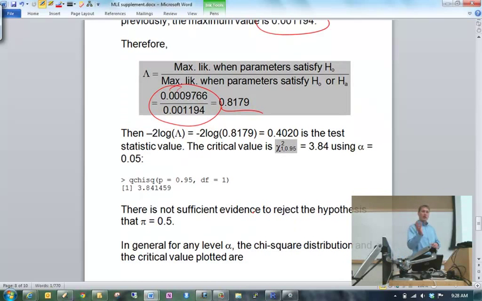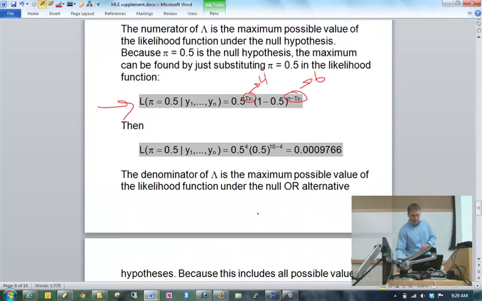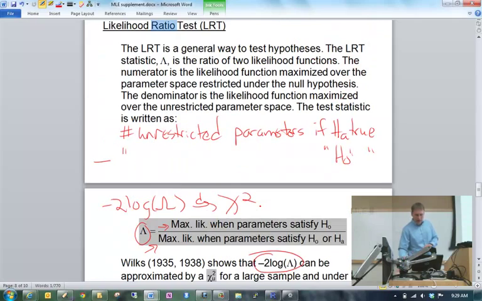Remember that this is a ratio. So if I take -2 log lambda, I get 0.402. I can find a 0.95 quantile from a chi-square 1 distribution. The reason why there's 1 degree of freedom is because notice the number of unrestricted parameters that's in the alternative hypothesis is equal to 1.